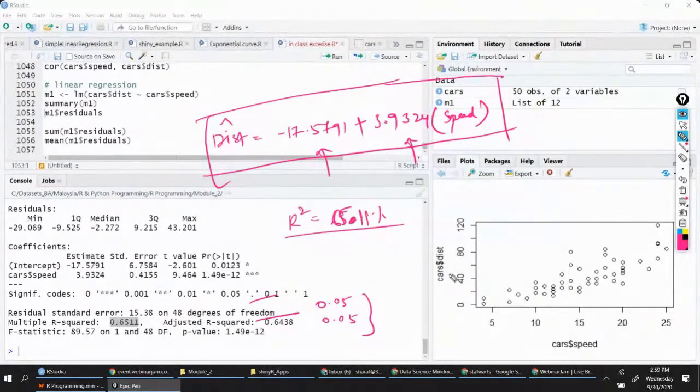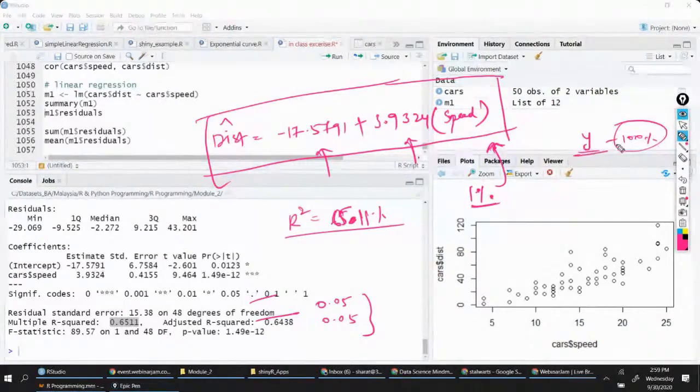So this is predictability. This basically is talking about if your speed is getting varied by 1%, then your y gets changed by some percentage. If I take that as 100%, then because of this 1% change in speed, we are able to capture 65.11% of variation from y.